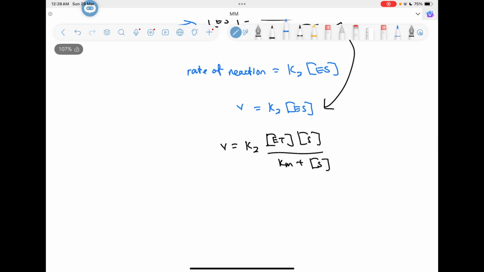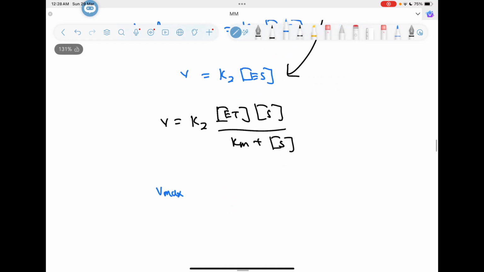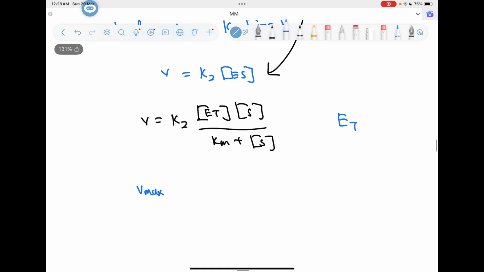So for this idea, we need to consider Vmax. So what will happen to all the enzyme when Vmax has been achieved? So all the enzyme, so we have ET, right? All the enzymes will actually be equal to ES.